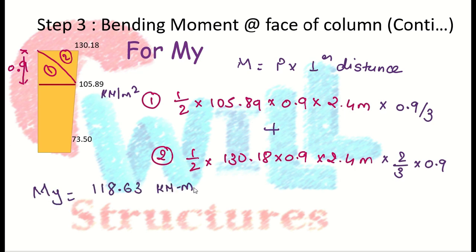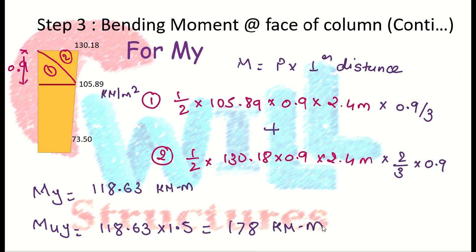My is 118.63 kilonewton meter. Just have to do the factored Muy, that is 118.63 multiplied by 1.5, and the final value is 178 kilonewton meter. And so we have finished our calculation of bending moment at the face of the column.